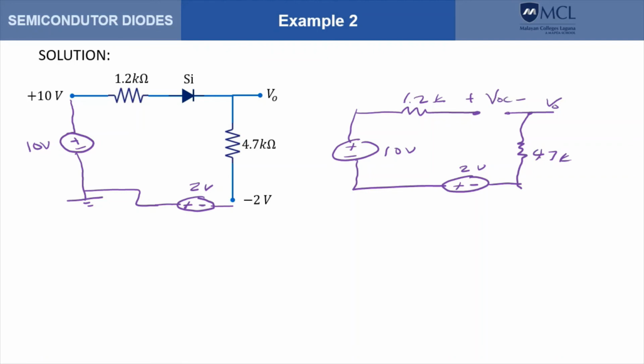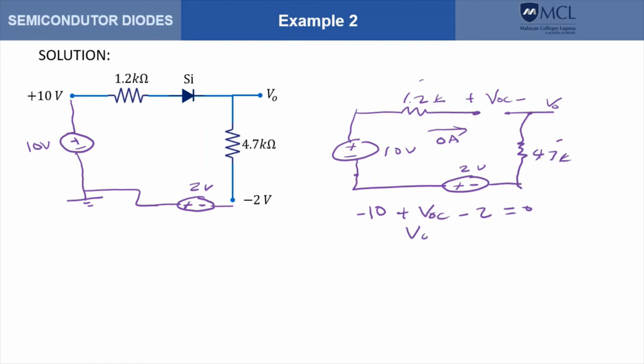So we can perform KVL there. Starting from here, we have minus 10. There's no current because it is an open circuit, so the current here is 0. There is no drop across the resistances. So minus 10 plus 0 plus VOC plus 0 again, then minus 2 equals 0.